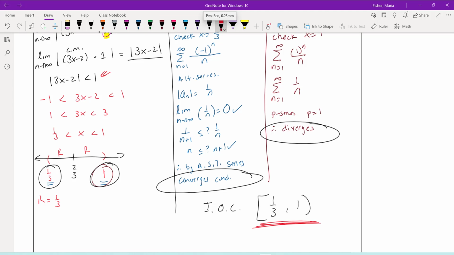If we found the derivative of example 7, its interval of convergence would still be 1/3 and 1. We would just have to check those numbers in the derivative to see if they're included or not included. Same thing if we found the integral of example 7, its interval of convergence would be 1/3 and 1. The numbers don't change. What might change is what gets included and what doesn't get included. Therefore, you have to check the endpoints again.